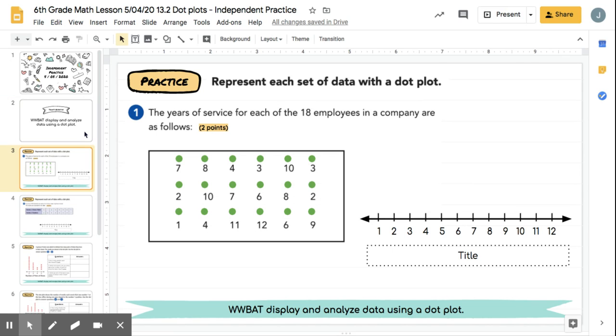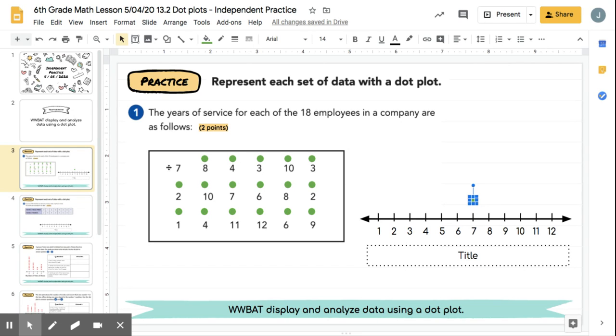For the first task, you are going to represent the set of data with a dot plot. Number one shows the years of service for each of the 18 employees in a company. In this case, you're just going to drag the little dot onto the number of each year.